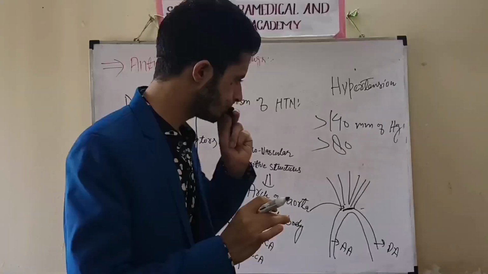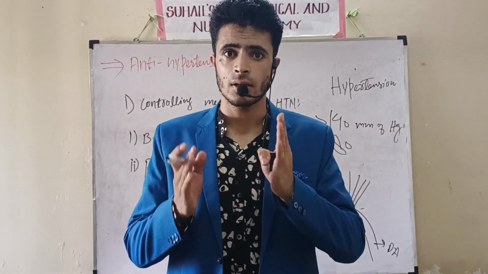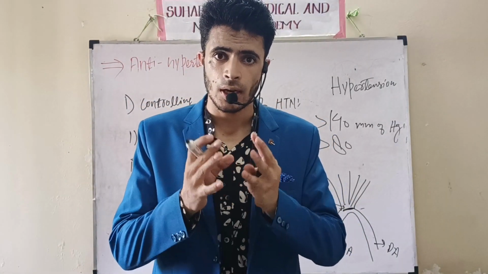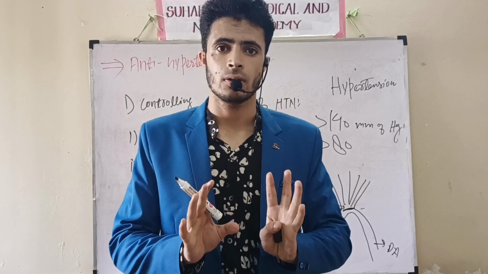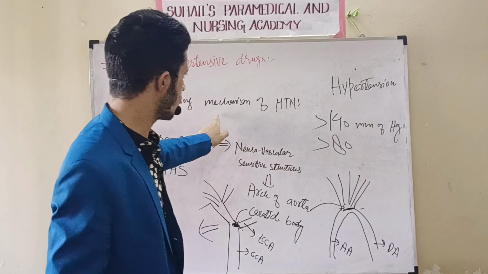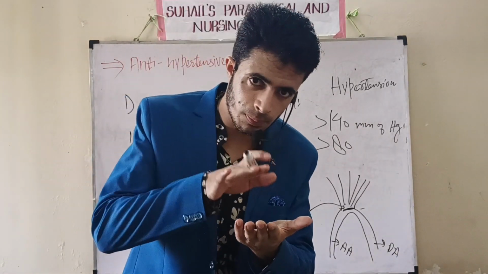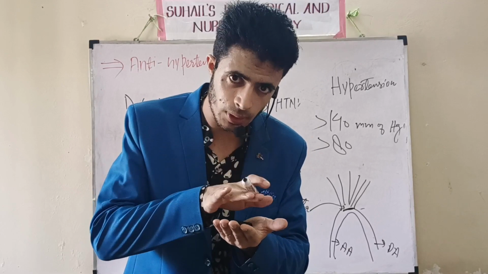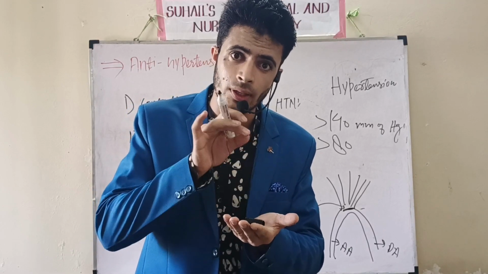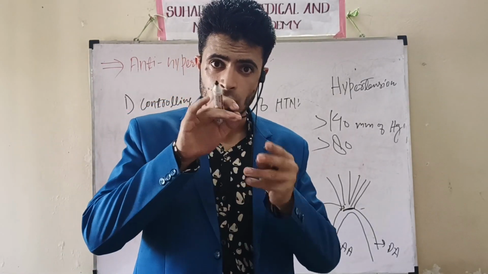Remember the point that whenever there is decreased blood pressure, I am saying actually the mechanism of controlling hypertension. So whenever there is decreased blood pressure, our body will try to maintain the blood pressure. It will try to increase the blood pressure towards the normal.